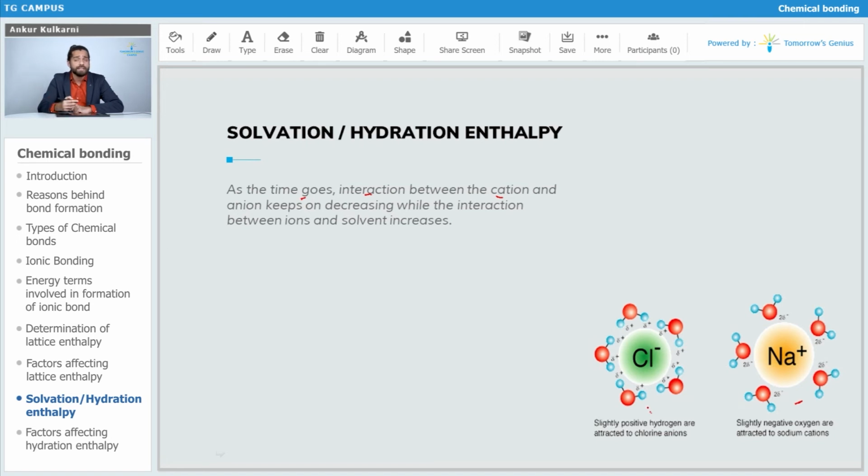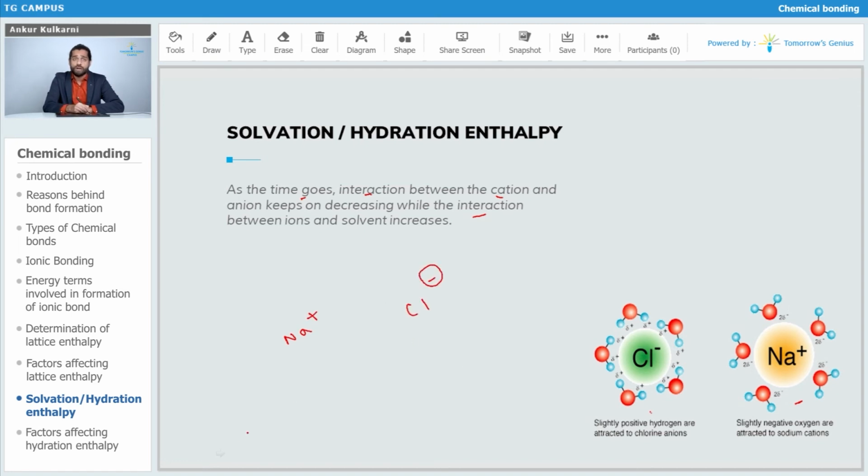When you dissolve this, the interaction between sodium and chloride keeps on decreasing, because the solvent molecules, now your solvent is water, start interacting with the chloride and sodium ions. So the interaction increases between your ions and your solvent molecules, but the interaction between the cations and anions decreases. Your sodium is Na plus, your Cl minus is negative.